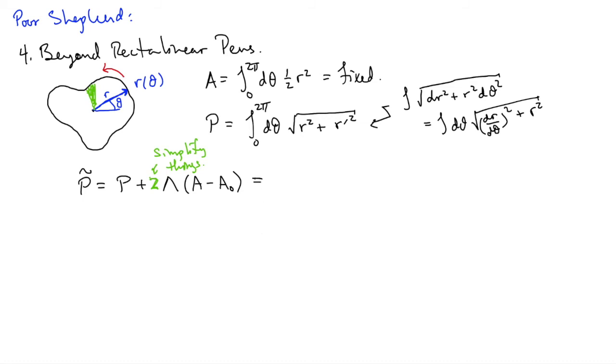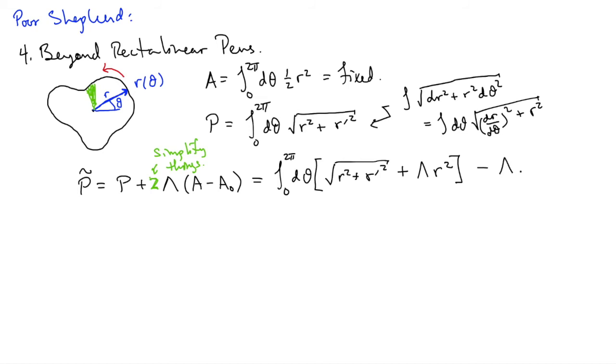All right, so then this combination is the integral from 0 to 2 pi d theta of square root r squared plus r prime squared plus lambda r squared. And those are 2. It really just got rid of that 1/2.